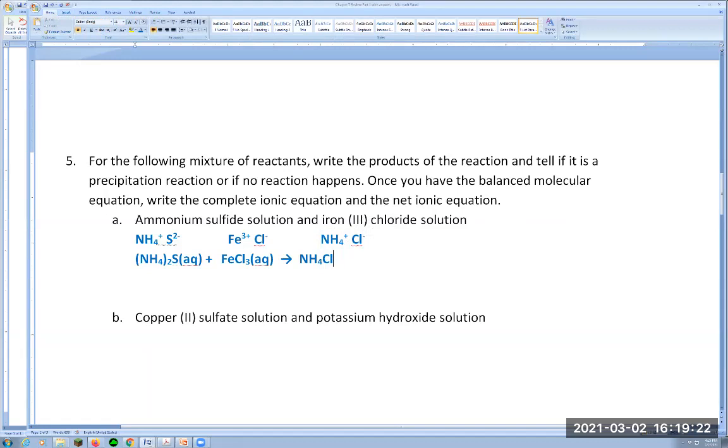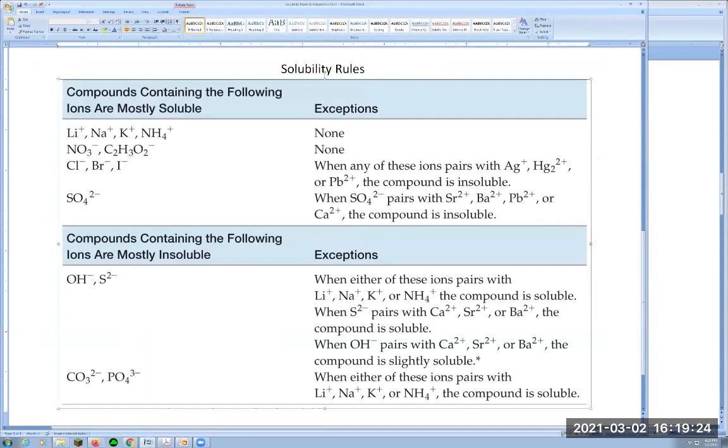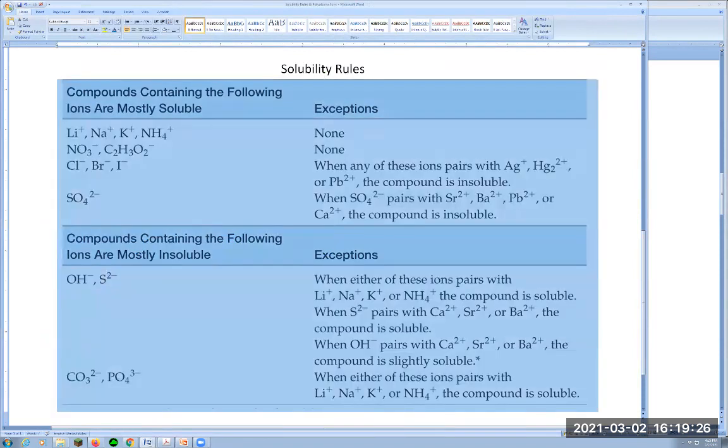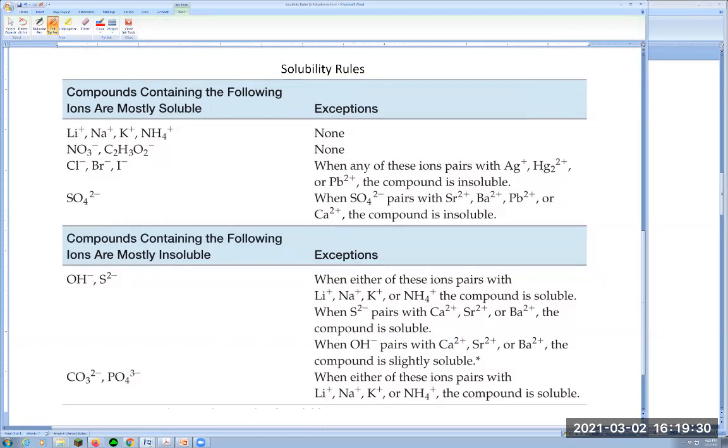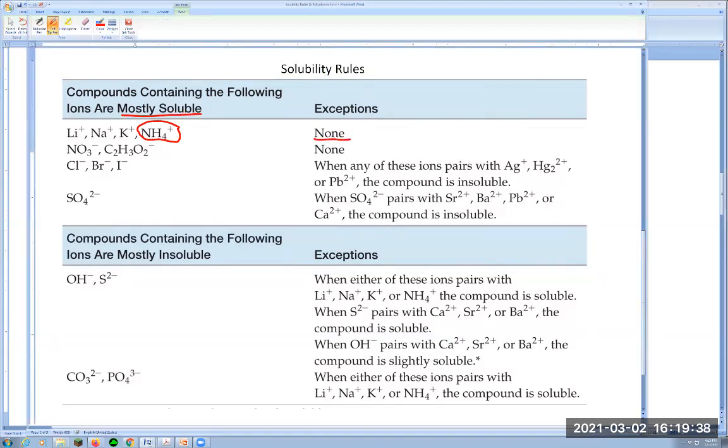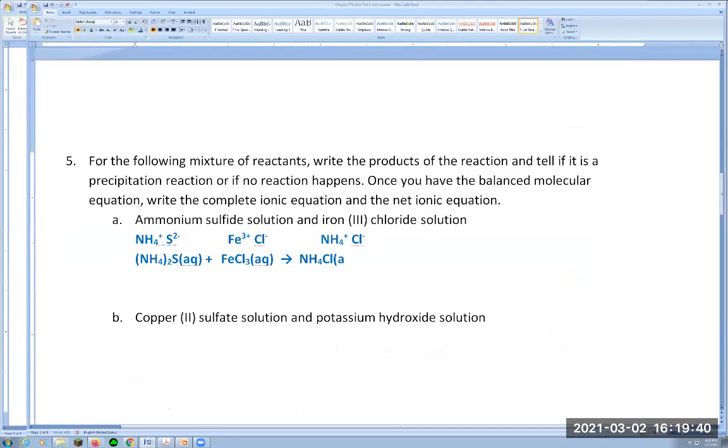And that's where you need to go to the solubility table. Let's look at ammonium. Earlier we saw how ammonium always makes soluble compounds, no exception. So that's going to be aq for aqueous, because whenever you decide a compound is soluble, then its physical state will be aq.